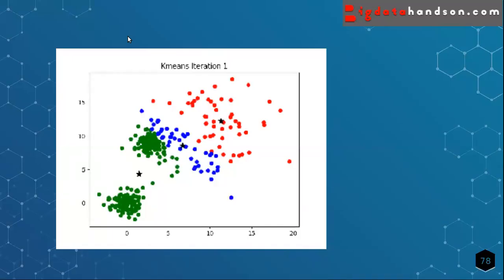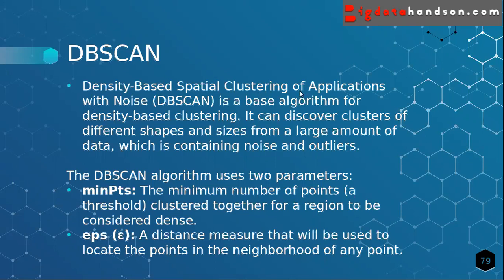DBSCAN actually is a density based algorithm, because it creates the cluster where you see the most density. So it's based on the density only. The name is Density-Based Spatial Clustering of Applications with Noise.